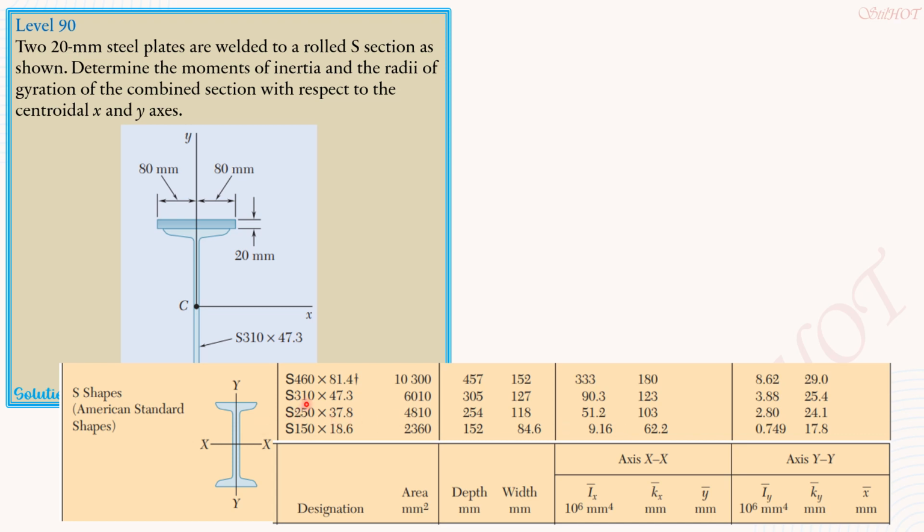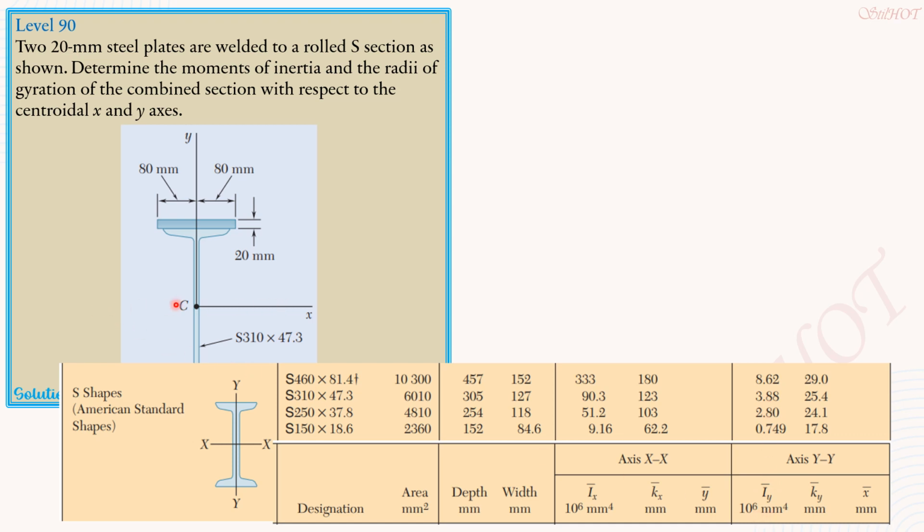This is S310 by 47.3 where the area is 6010 mm square. Then the depth is 305 mm and moment of inertia with respect to X is 90.3 times 10 to the 6 mm to the fourth, while moment of inertia with respect to the centroidal y-axis is 3.88 times 10 to the 6 mm to the fourth.